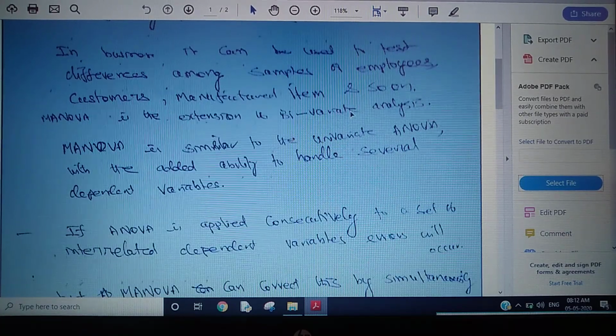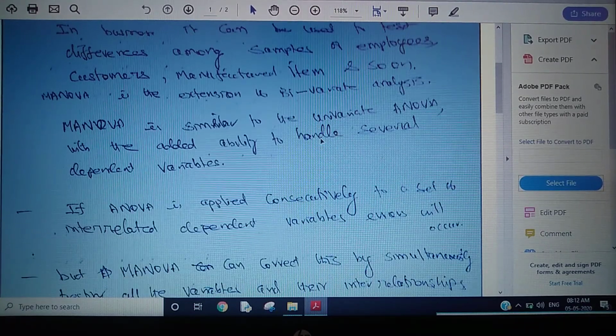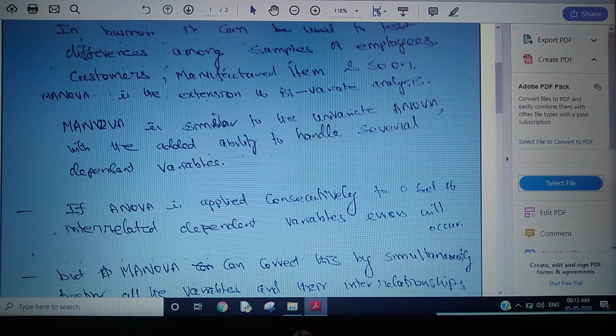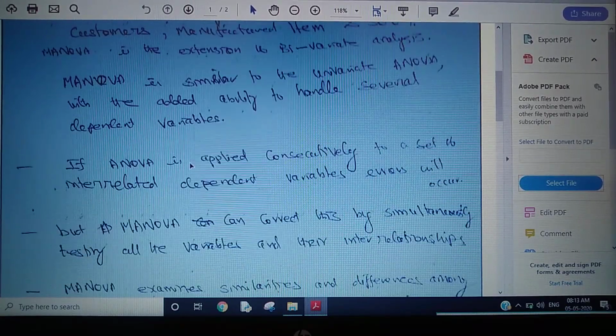MANOVA is the extension of bivariate analysis. It is similar to univariate ANOVA with the added ability to handle several dependent variables. In ANOVA, only one dependent variable, but in MANOVA, more than one dependent variable.